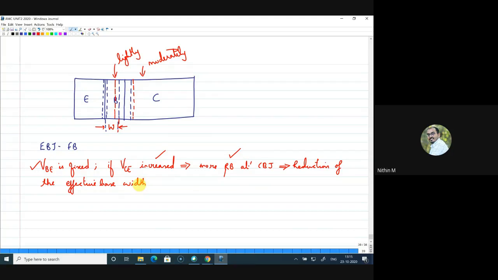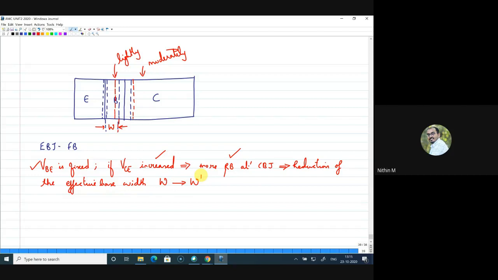So previously, if it was W, now because of this more VCE, it would have been reduced to W dash. Right. Now, can you think of this effect? What will happen if your base width is reduced? If base width is reduced, the electrons emitting from the emitter will be less recombined there, or we will have less loss of electrons in the base and more will actually reach collector.